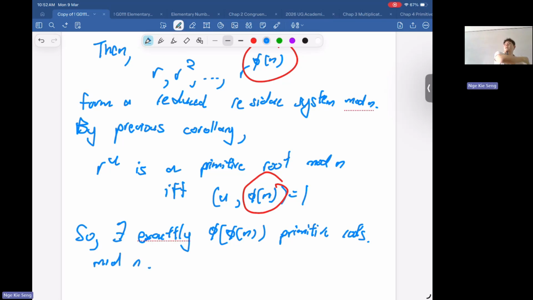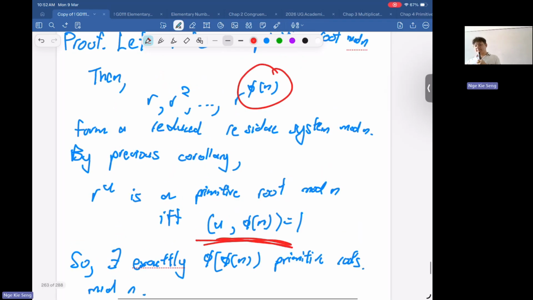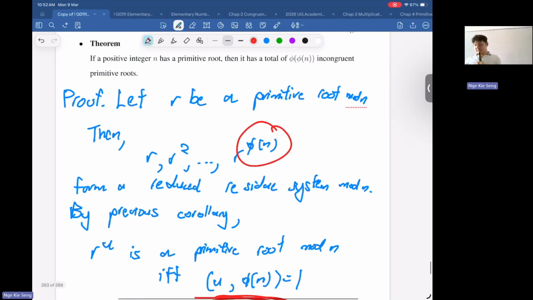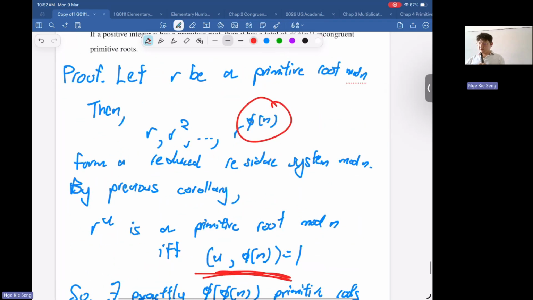Any question? Question here? Maybe I highlight this one. So this phi(n) is coming from the GCD of r and n.